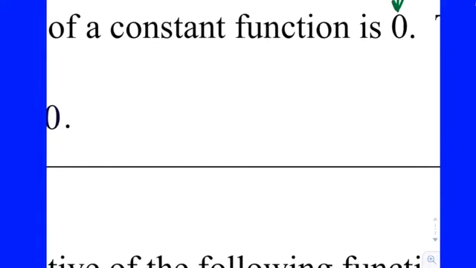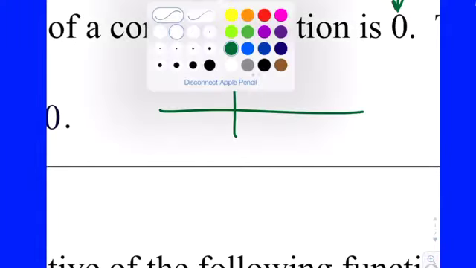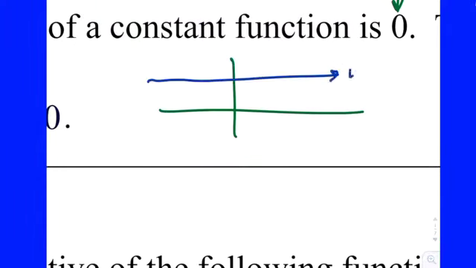All right. So that makes sense. If we think about it from a Leibnizian perspective, a constant graphs as a horizontal line, yes? And if the derivative from a Leibnizian perspective is the slope of the line at any single point, what's the slope of a horizontal line at each and every point? 0. So there you go. The slope of a line that's horizontal is 0.